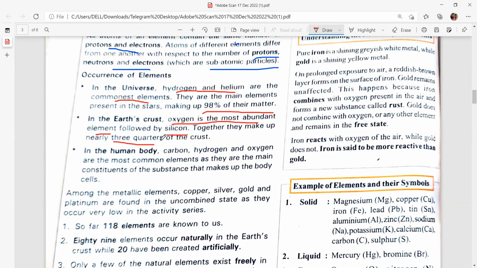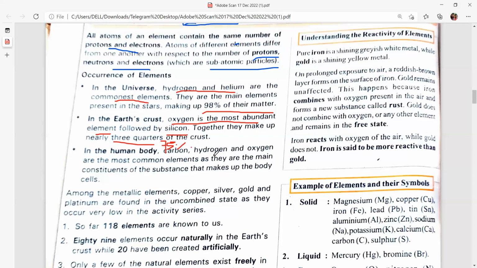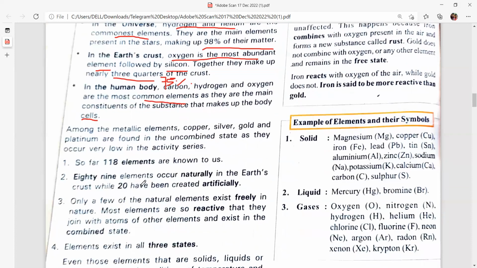Together they form 75% or 3/4 of the crust. 3/4 means 75%, 1/4 is 25%. So what is the most abundant element in the universe? Hydrogen and helium. In the Earth's crust, oxygen, then silicon. In the human body, carbon, hydrogen, and oxygen are the most common elements. Why? Because they form the cell constituents. The human body is made up of cells, so mostly you will find carbon, hydrogen, and oxygen.